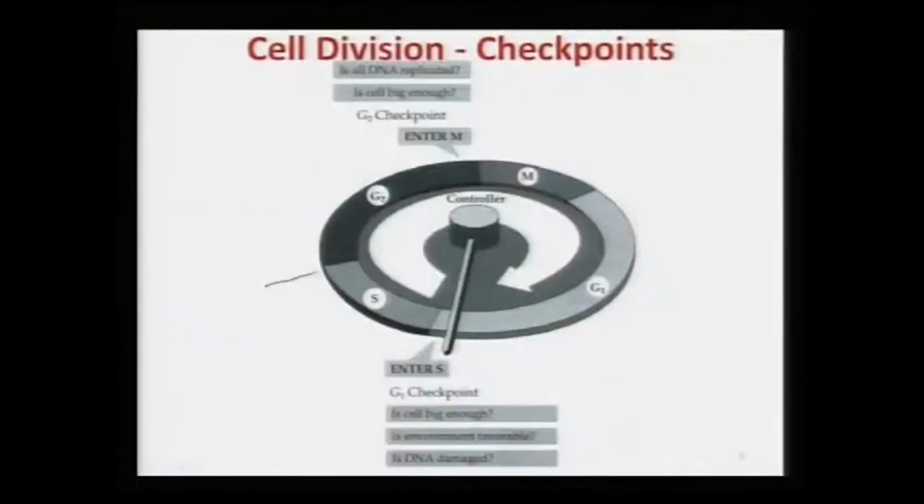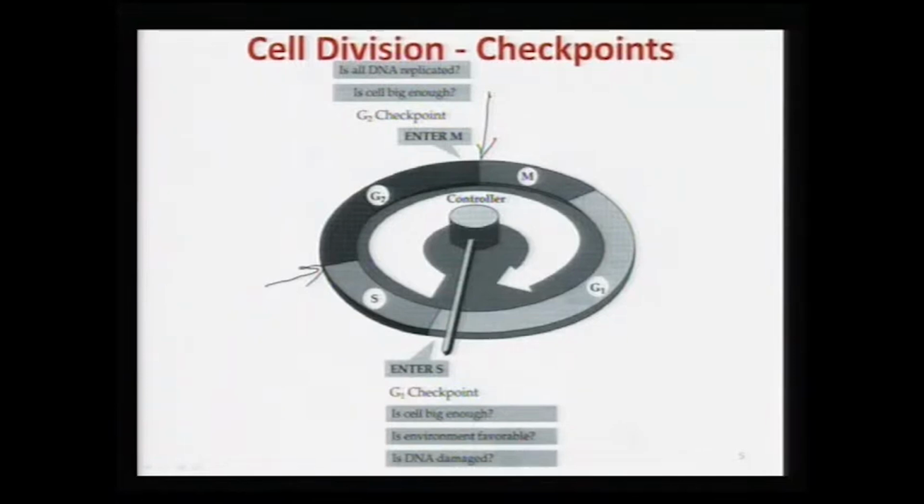Now, if they are deprived of any of these things, or if the DNA of the cells is damaged, then the cells will not move to the second stage, that is the S phase. After this S phase, again there is a checkpoint, and similar checking will be done. After that, between G2 and M, another checkpoint is there.